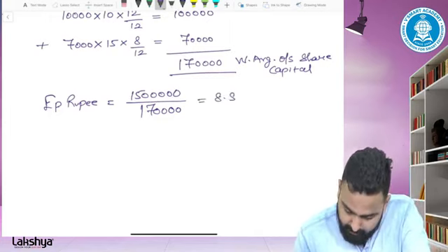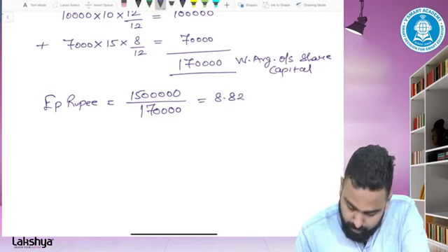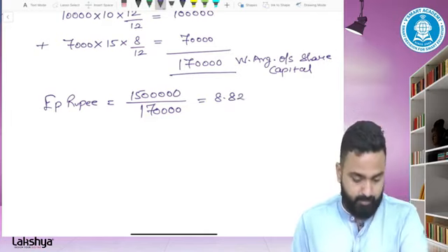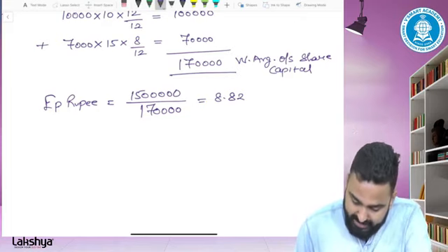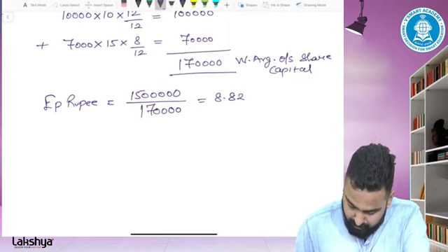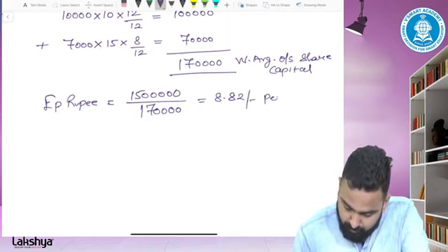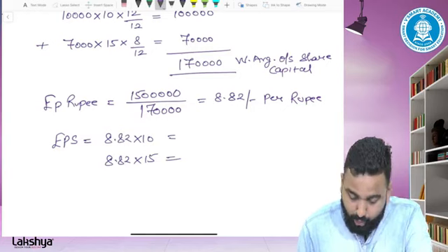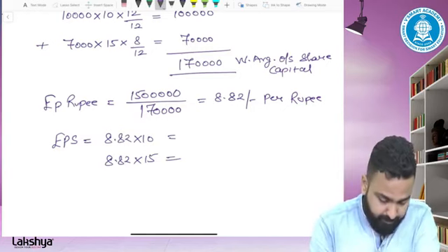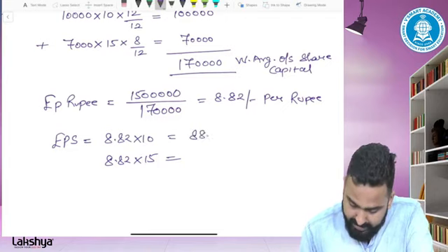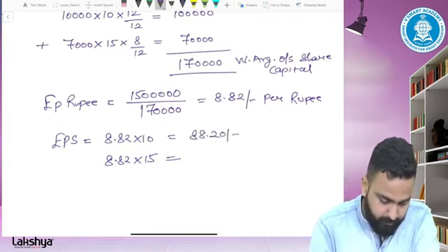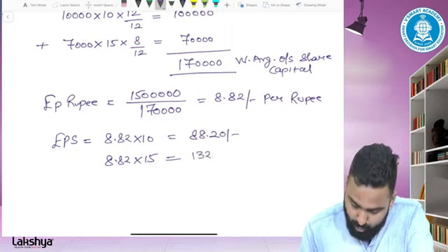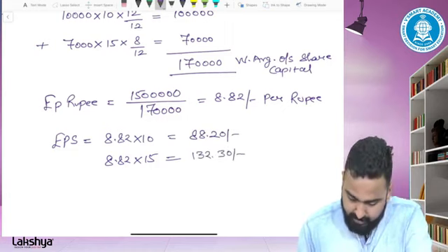It's 8.82 per rupee, and earning per share will be 8.82 into 10, and 8.82 into 15. There are two different earning per shares: 88.2 and 132.3.